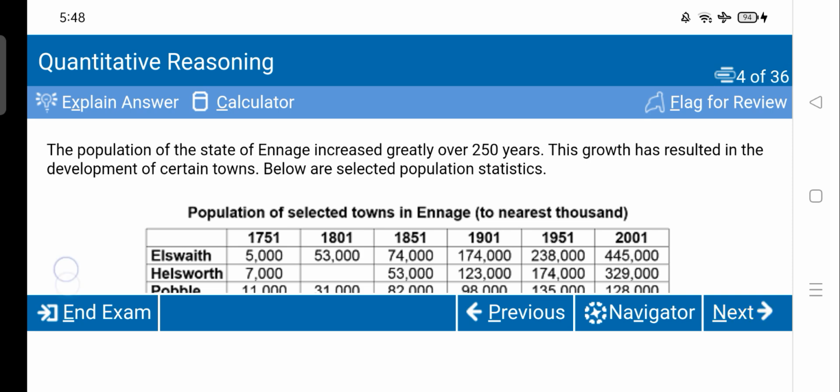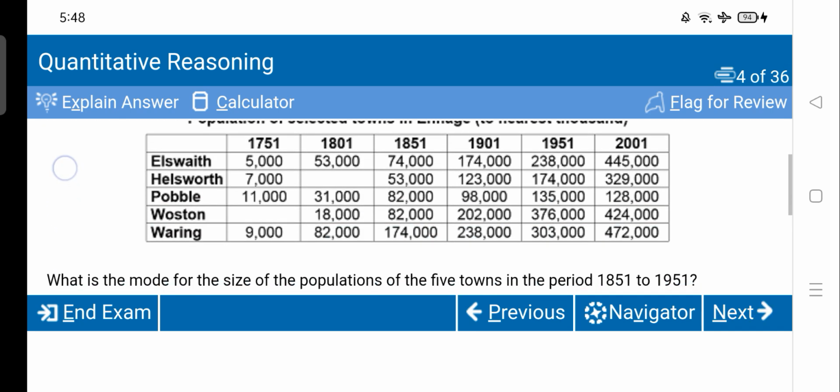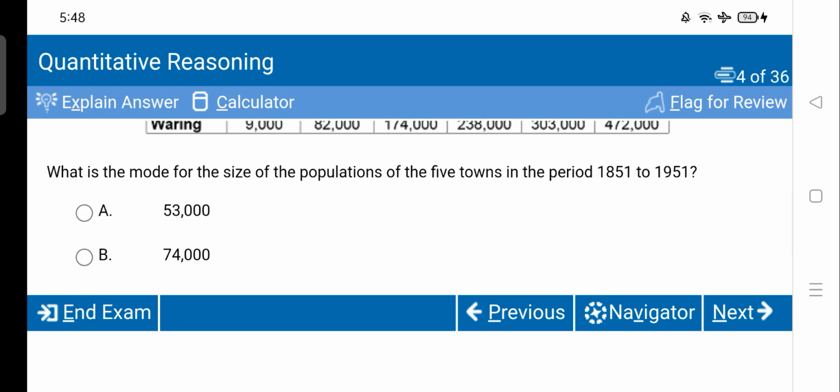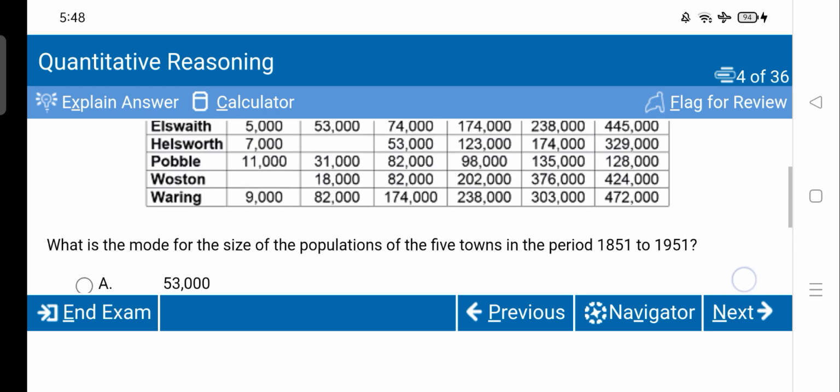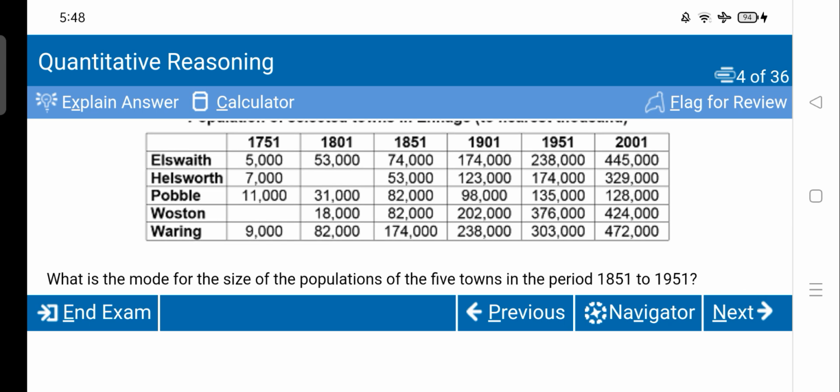Next again we have the same statement, same data, and the question is, what is the mode for the size of the populations of the 5 towns in the period 1851 to 1951?